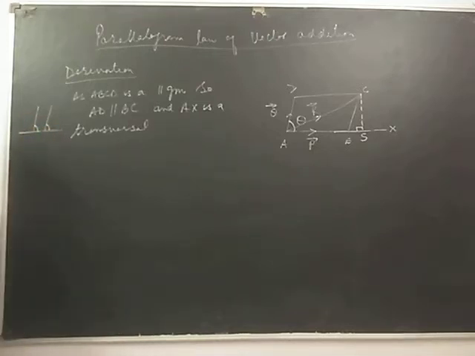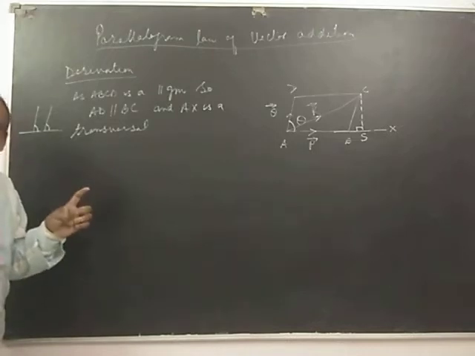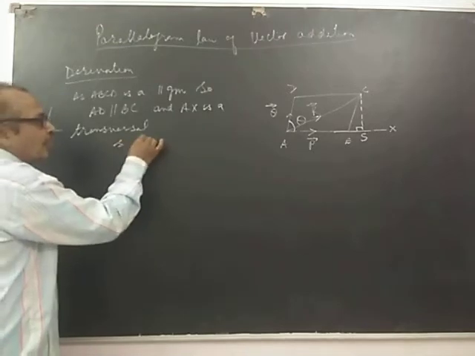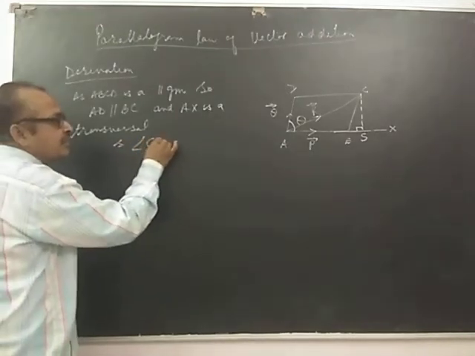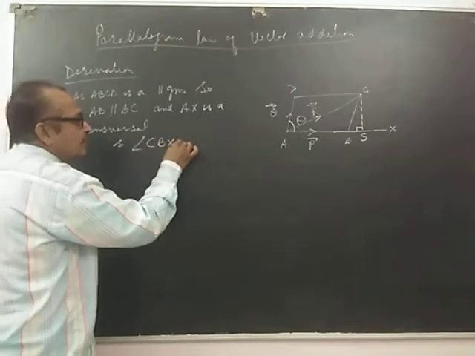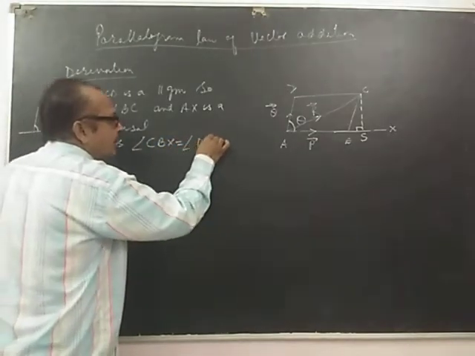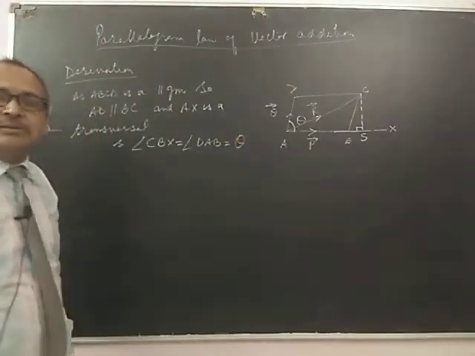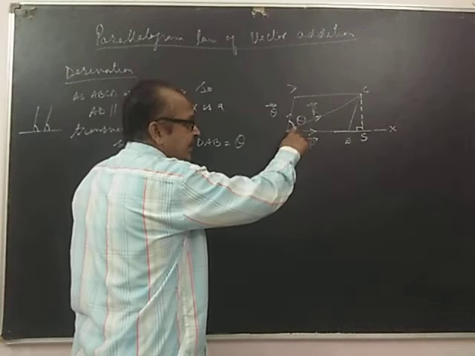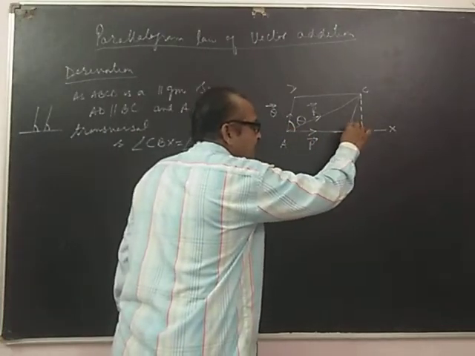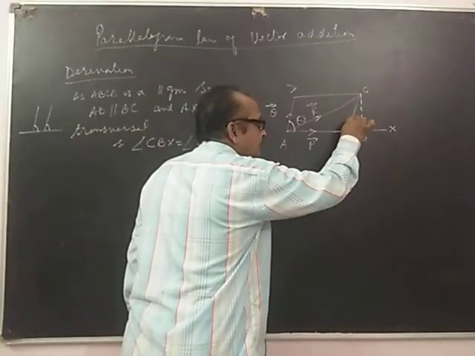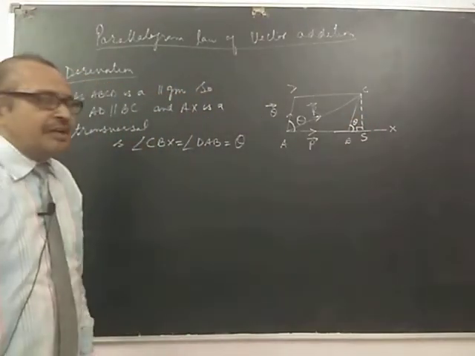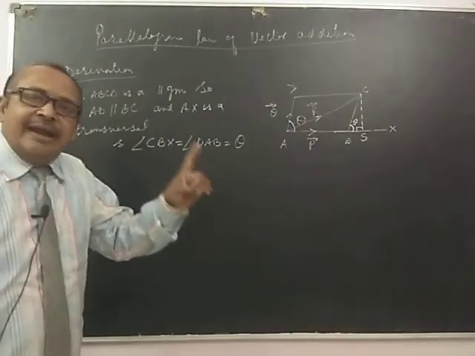These two angles are corresponding angles, and corresponding angles are equal. It means angle CBX will be equal to angle DAB will be equal to theta. Any doubt? So if this entire angle is theta, my dear friends, this angle will be also theta because they are corresponding angles.